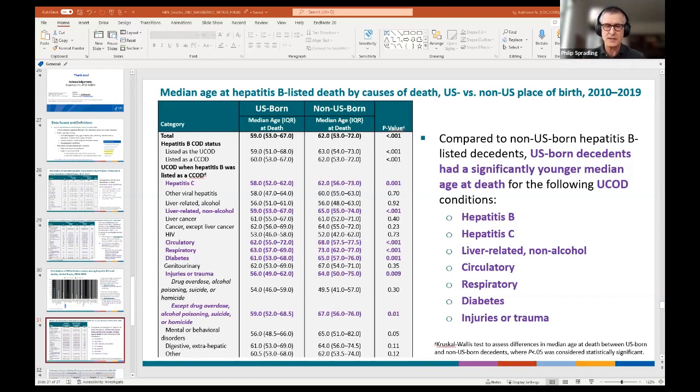It's based on the idea that if such persons get acute hepatitis on top of what they have, it has bigger consequences.